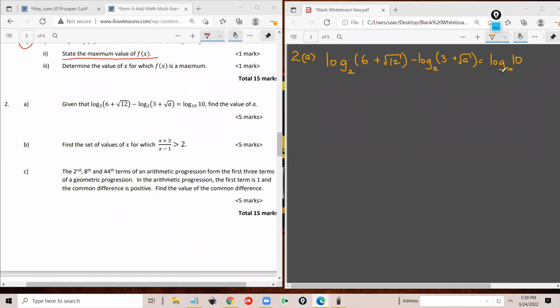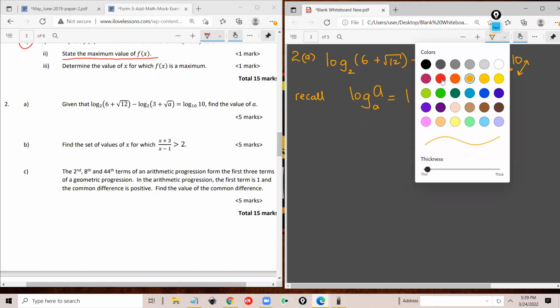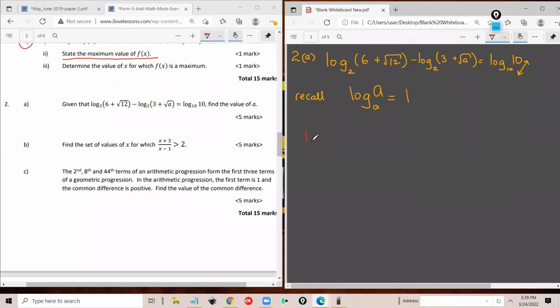So my first step in this question, I noticed that you have two same values over here. Recall that log A and A, once these two values are the same, it's always equal to 1. So I know I could throw this away and replace it with the number 1. So this is what I'll end up with.